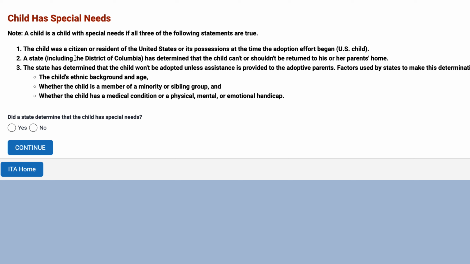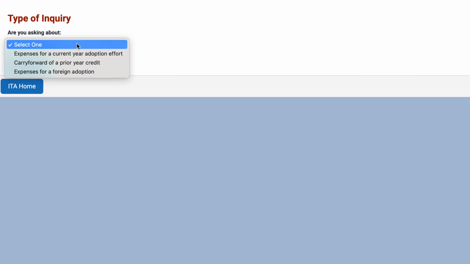And third, the state has determined that the child will not be adopted unless assistance is provided to the adoptive parents. And there are some factors that can be used to make this determination: the child's ethnic background and age, whether or not the child is a member of a minority group or a sibling group, and whether or not that child has a medical condition, or a physical, mental, or emotional handicap. So for this purpose, let's just say that we didn't have special needs.